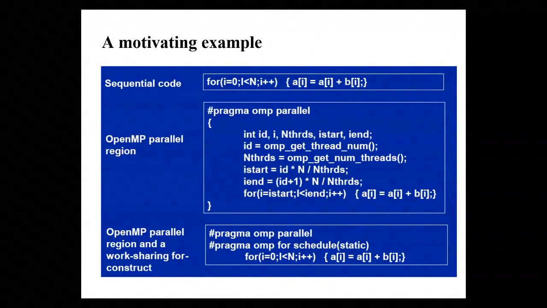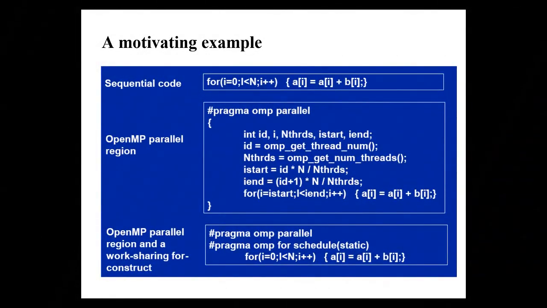So this is a simple slide to show the motivation for using OpenMP, and the example is a simple loop. In the sequential code, you have a loop that does something, for example the sum of an array. When you want to run this simple loop in parallel, you simply use the OpenMP parallel region construct. The syntax in C is omp parallel.